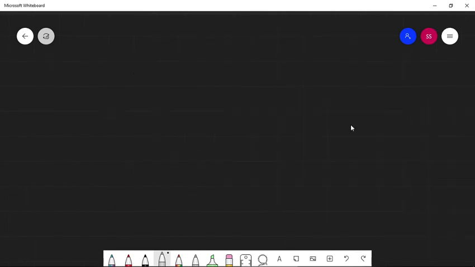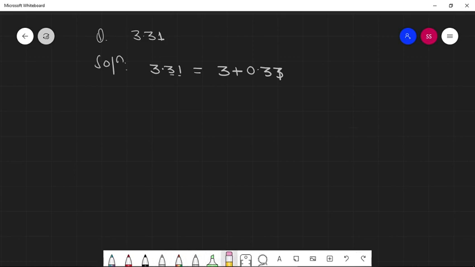Now the next question, dear students, suppose the question is 3.31. The solution: 3.31 has two decimal digits, so we write 3 plus 0.31.